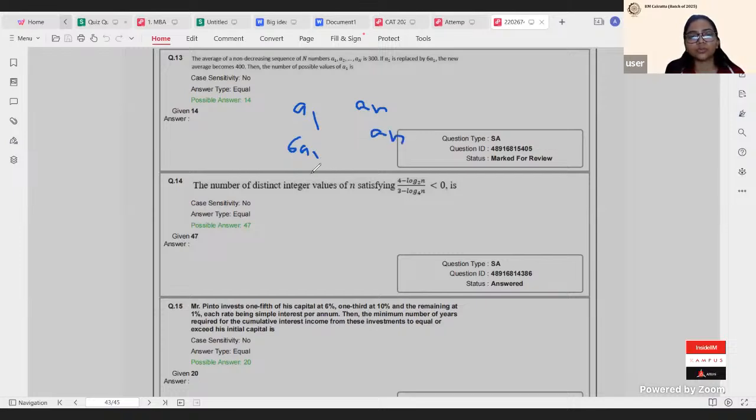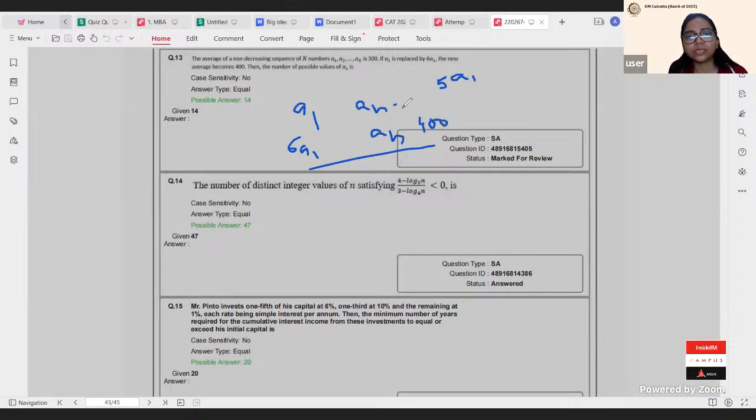So pretty much we can calculate for the value of 5A1. Right? So A1 to AN gives us 300, the average. And 6A1 plus A2 plus dot AN gives us to be 400.